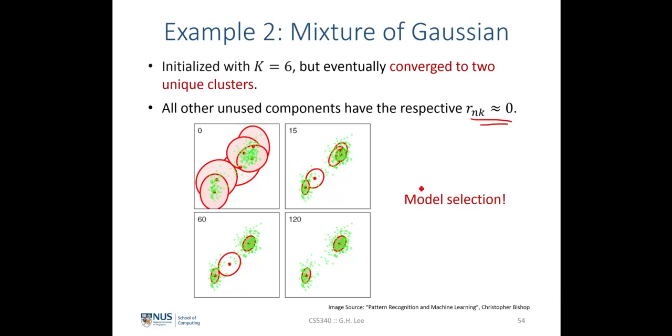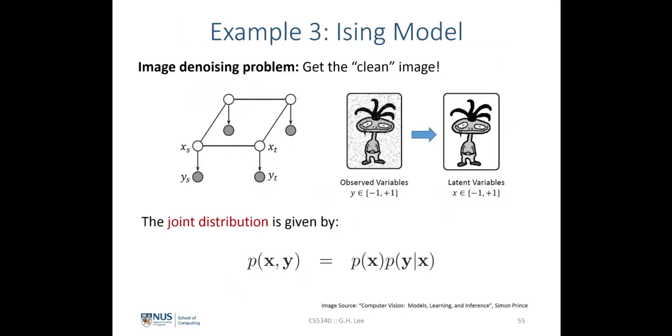And this is also one of the advantages of using the variational inference algorithm, because in this case here, it will simply mean that R and K converges to 0 for the unused components, and this is equivalent to model selection.